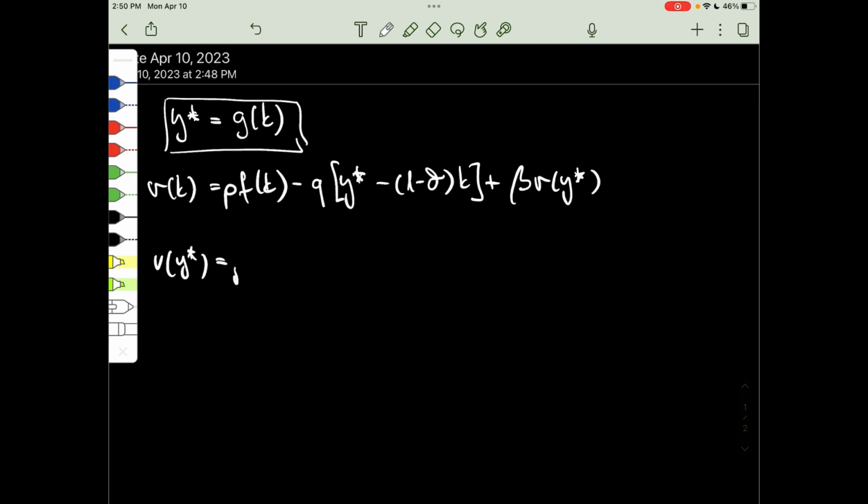By using this fact, it is easy to realize that the value function can be simplified.